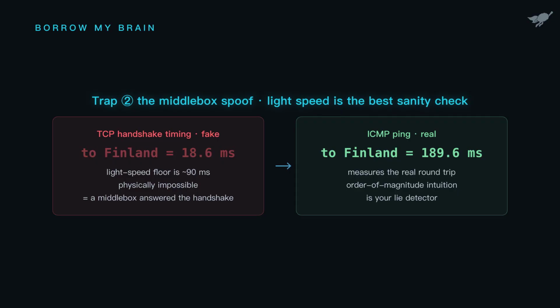I dug in, and a middle box on the path was answering the handshake on the remote server's behalf. The handshake timing was worthless. Switching to ping finally measured the real number, 189.6 milliseconds. See, order of magnitude intuition isn't just for estimates. It's also your lie detector. The speed of light is the best sanity check there is.